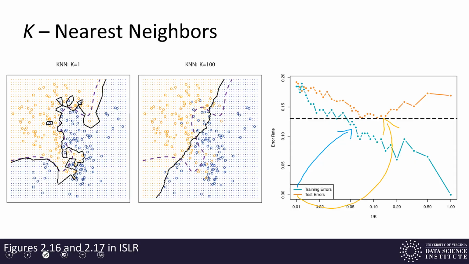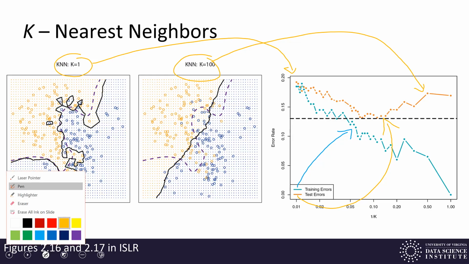And you see when we use K equals 1, that's this, we don't get very good accuracy. And when we use K equals 100, again, out here, we're not getting good accuracy.